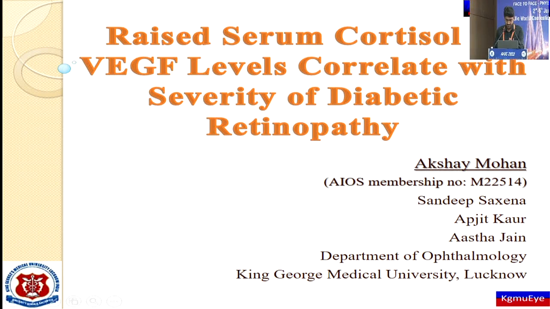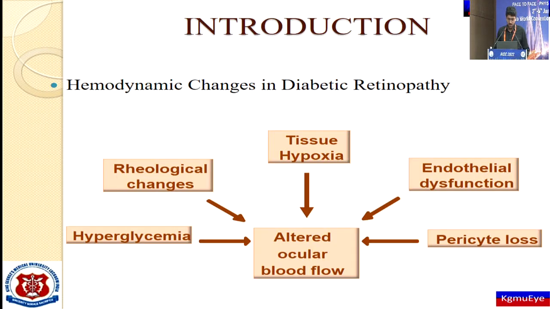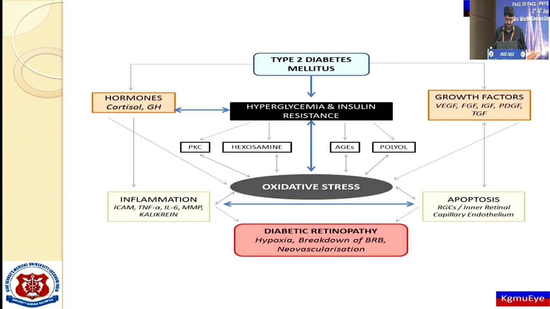Today I am going to present on the topic how raised serum cortisol and VEGF levels correlate with severity of diabetic retinopathy. Hemodynamic changes in diabetic retinopathy occur as a result of altered ocular blood flow, which occurs due to hyperglycemia, rheological changes, tissue hypoxia, endothelial dysfunction, and pericyte loss.